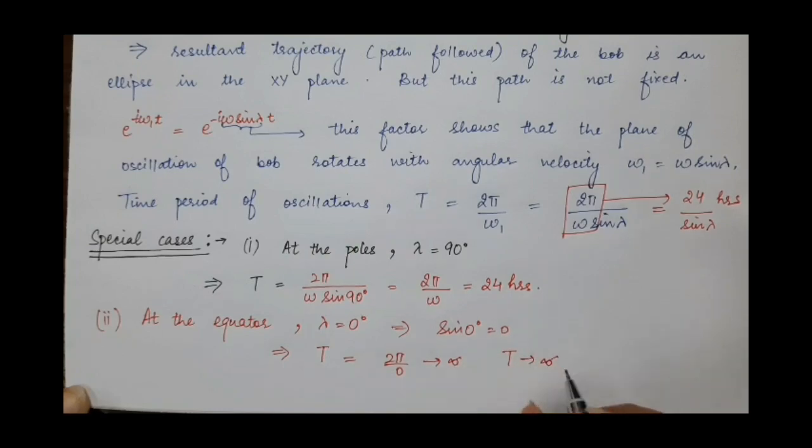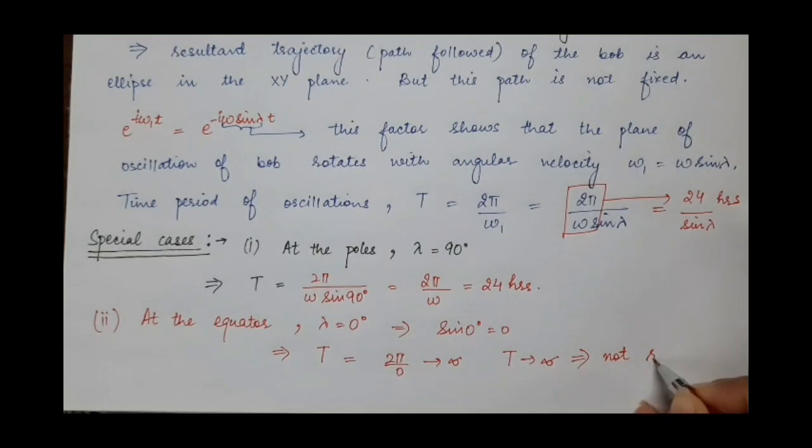So the time taken by the pendulum to complete one oscillation at the equator is infinite. It means at the equator the Foucault's pendulum will not rotate at all when it is placed at the equator, where lambda is equal to 0 degrees.